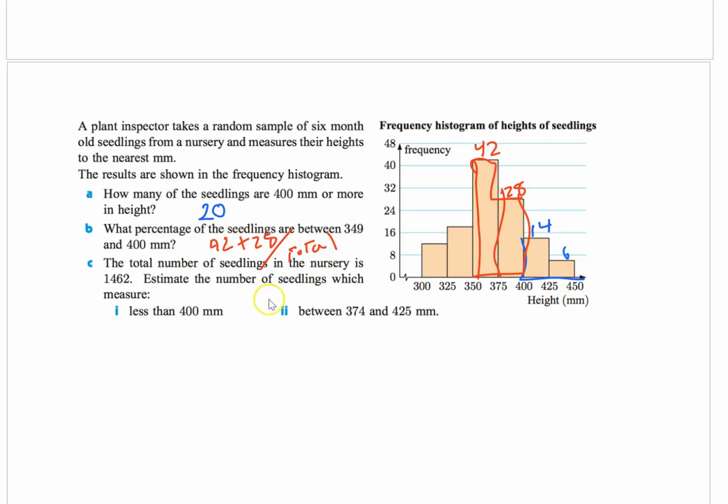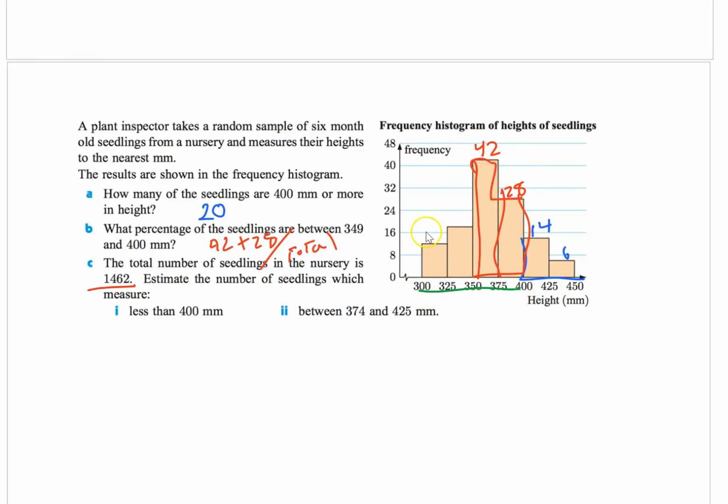Then look at these last two right here. The total number of seedlings in the nursery is 1462. That's not this, because remember we took a random sample, so this is just a random sample. It's not going to be 1462 up here. But they're saying the total number is 1462. Estimate the number of seedlings for which the measure is less than 400. So less than, it's kind of like a combination of the last one. Less than 400 is all this. So you add up all those numbers there.